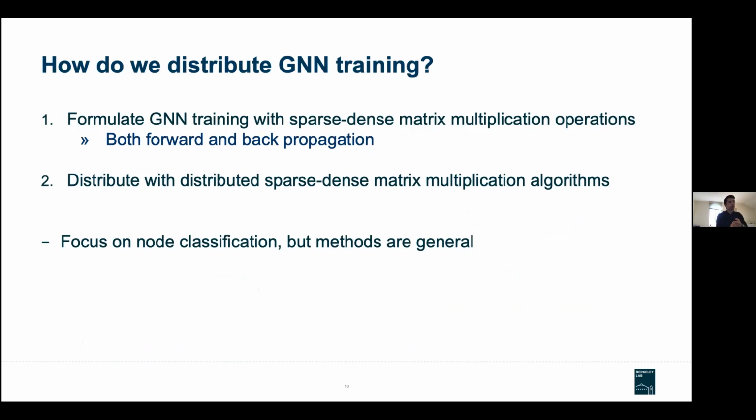Specifically, we formulate GNN training as a series of sparse times dense matrix multiplication operations, and then we distribute these matrix multiplications across multiple devices. I guess I need to speed up a little bit, but this is essentially what we do. We model all of graph neural network training as matrix multiplications, specifically sparse times dense matrix multiplications, and we distribute these matrix multiplications across multiple devices.